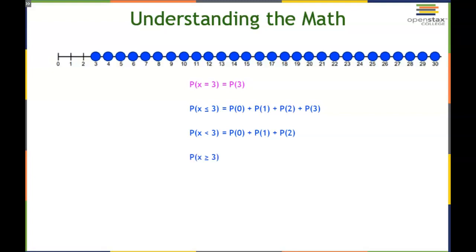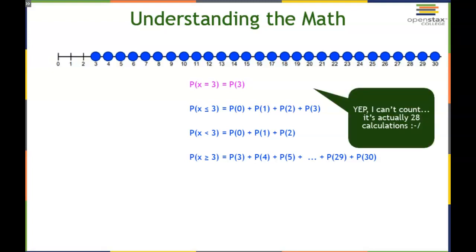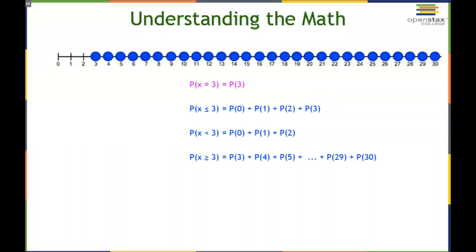So I have to calculate the probability of 3, 4, 5, 6, all the way to 28, 29, and 30. That's 27 different calculations, plus the addition of adding them all up. That's a lot of calculations if I'm going to do this by hand.